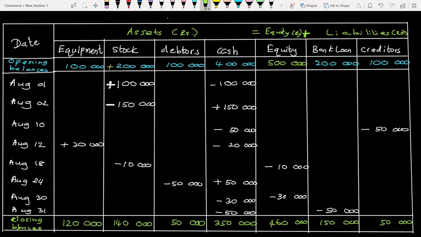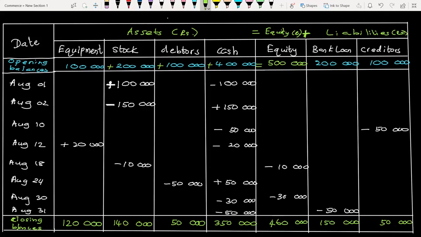For the 100,000, we need to add 200,000. And for this, we need to add another 100,000. And also we need to add 400,000. Then we get the total assets. And here is our equal sign. And again, on the right side of the accounting equation, there are three items here. So we need to add them.